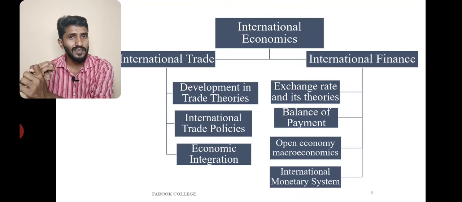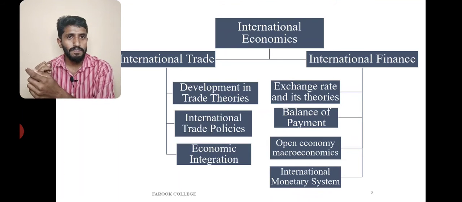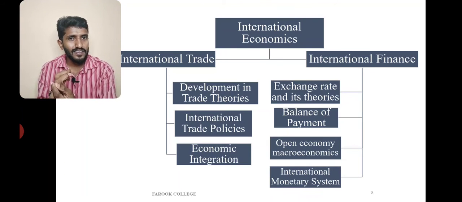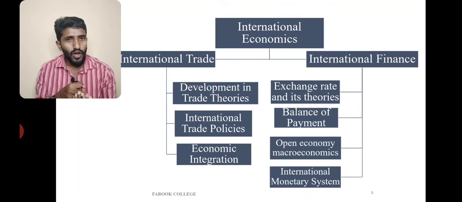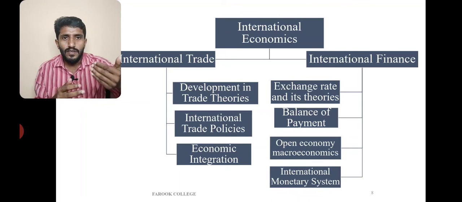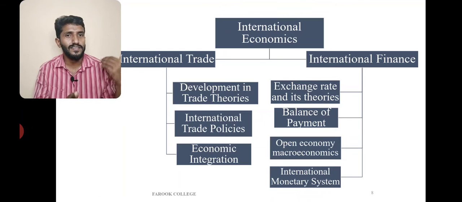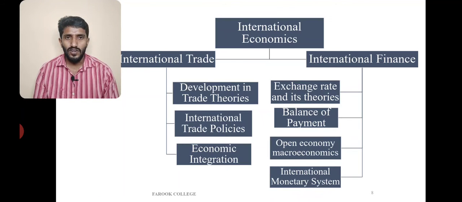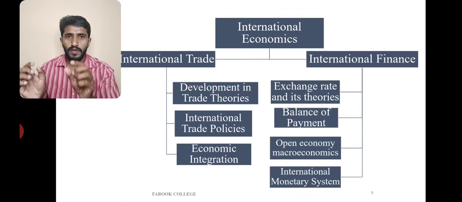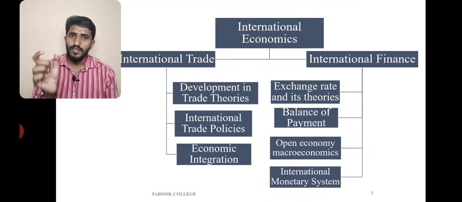It is not a theory, but a policy. Then the classicals, then the Heckscher-Ohlin theory, the modern theory, and in between the neoclassical theories. And there are some new developments in trade theories like Paul Krugman and others, intra-industry trade and inter-industry trade. This is part of advanced international economics. So we will be covering the basic theories of international trade.